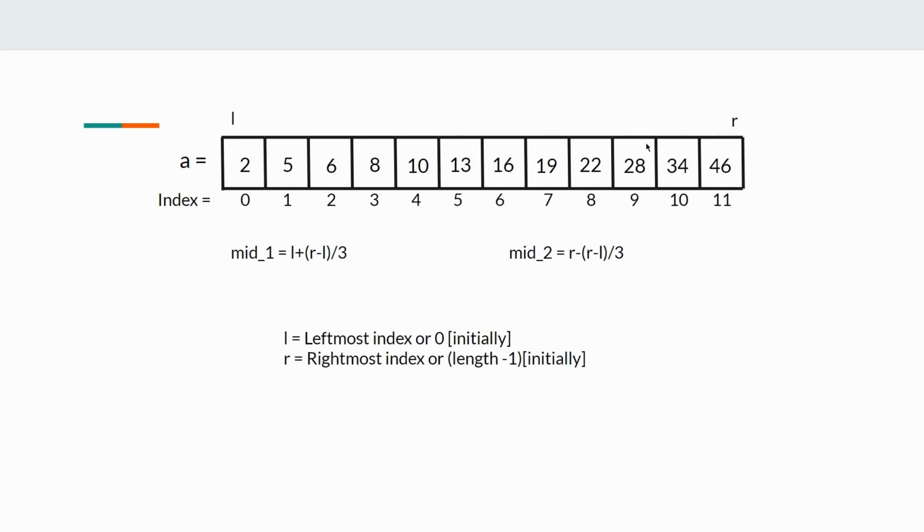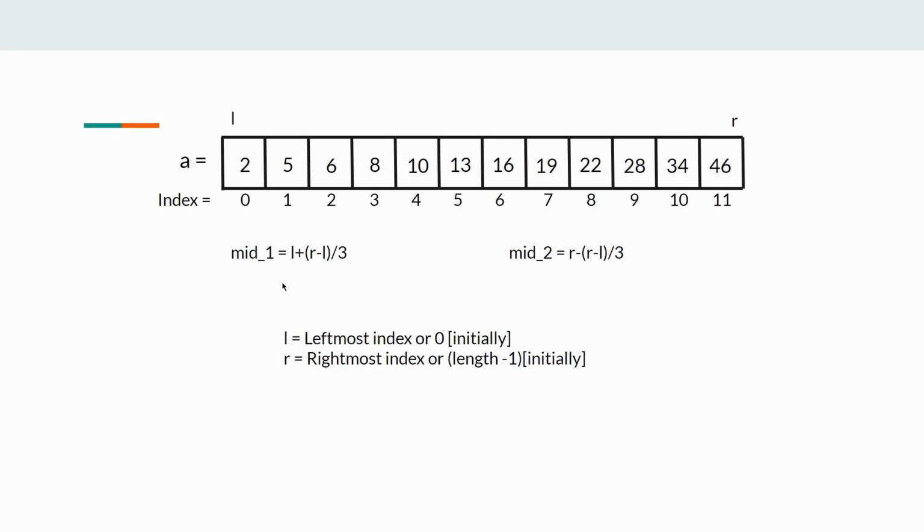As I said, there are 12 elements, so the length of this array is 12. 12 minus 1 is index 11, and that's going to be your R. Using this L and R we're going to find mid1 and mid2. Both of them are index numbers, so the mid1 and mid2 that we get are also index numbers.